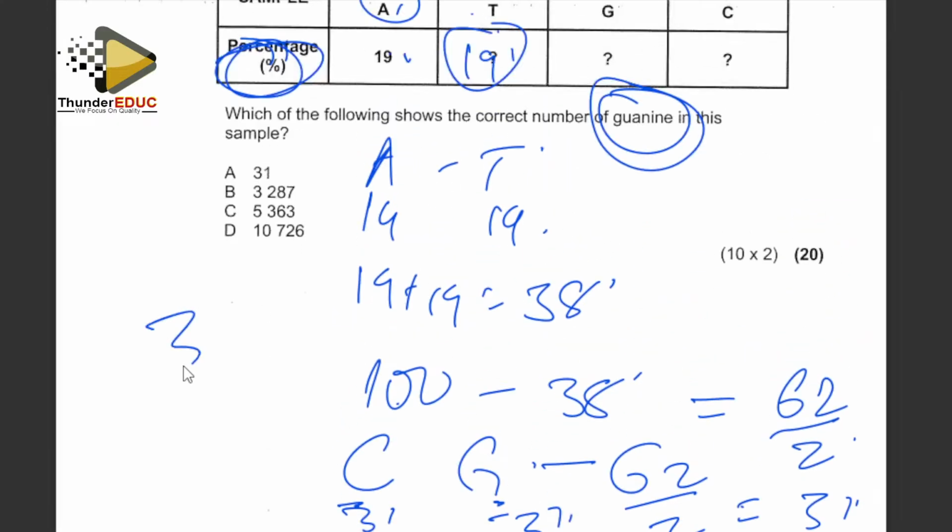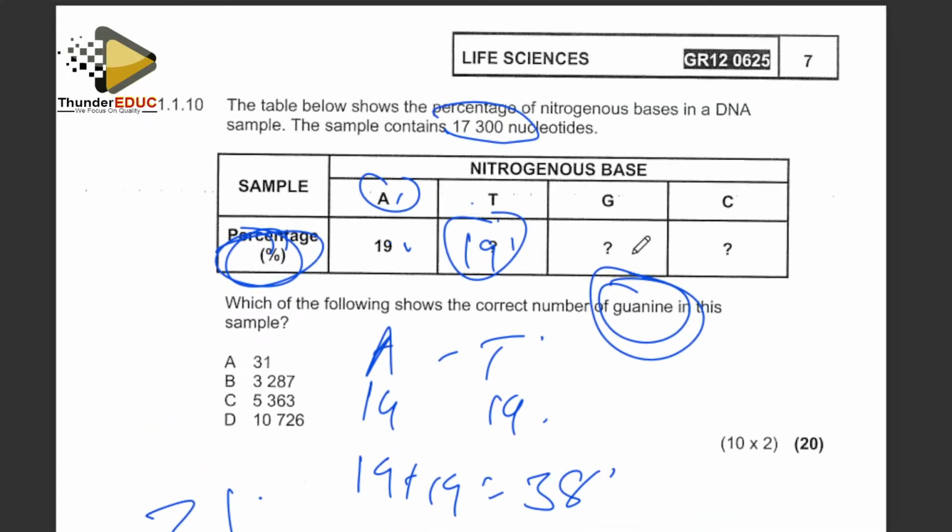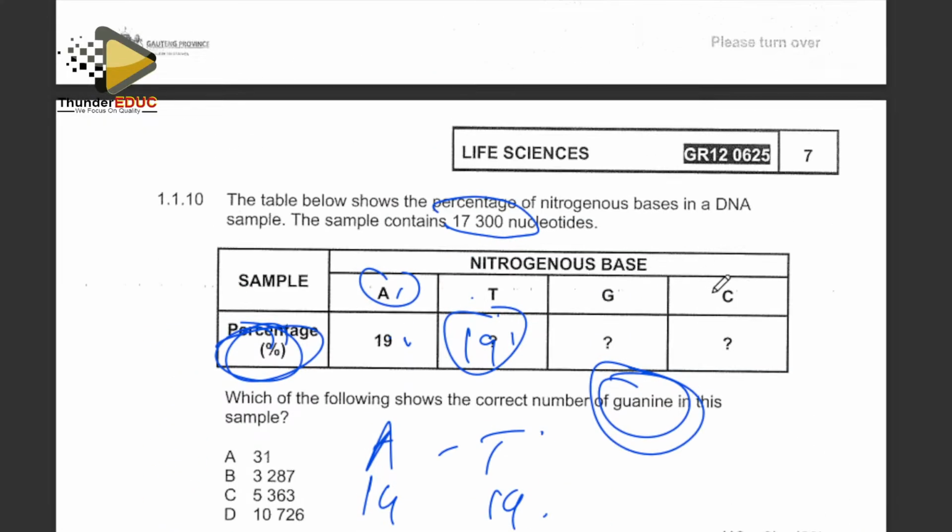They're asking which one shows the correct guanine in the sample. We have sample A, which has 18%.